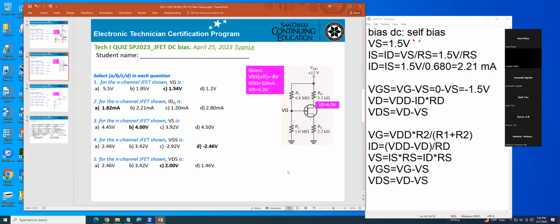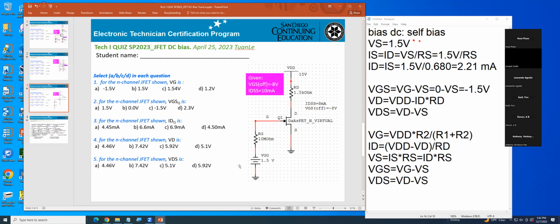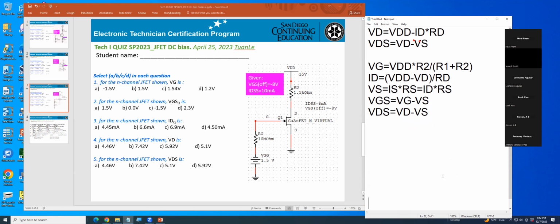Okay. So basically, I'm just telling you how the test will look like. Quickly we can go to the last one here. Quickly get it done. First thing they want, VG.